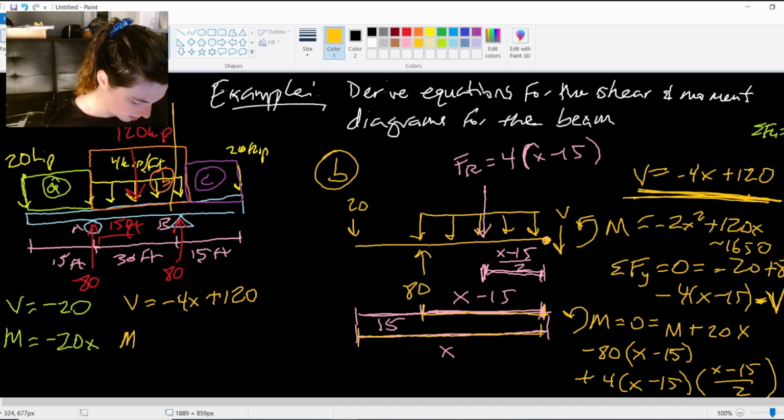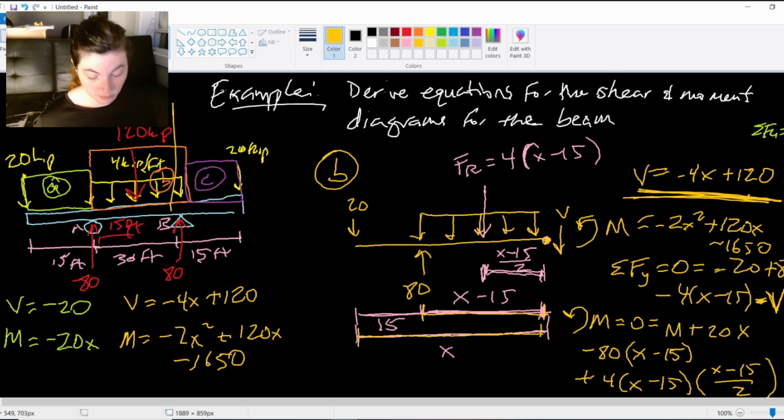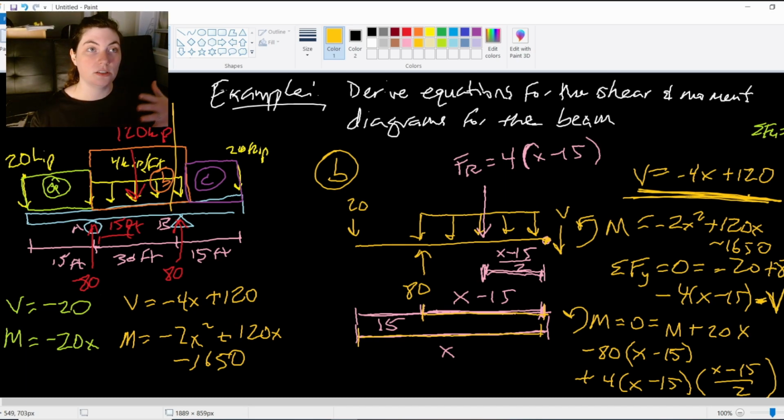That is quite an equation we're going to have to be dealing with in this diagram that we draw. Negative 2x squared plus 120x minus 1650. So that was our center region. That represents everything from 15 to 45, any x value from 15 to 45.